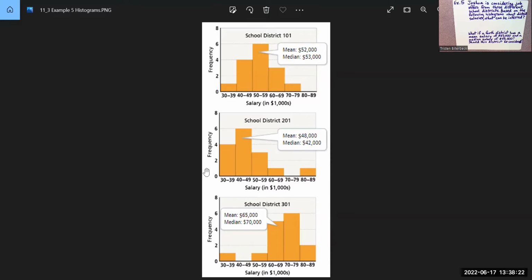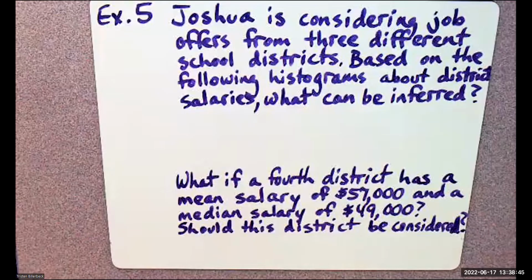So that means that fourth district is catering towards saving money and hiring teachers with less experience, whom they have to pay less than this district, which wants to keep its more experienced teachers and pay more. All right, so let's take a look at what we can infer here.